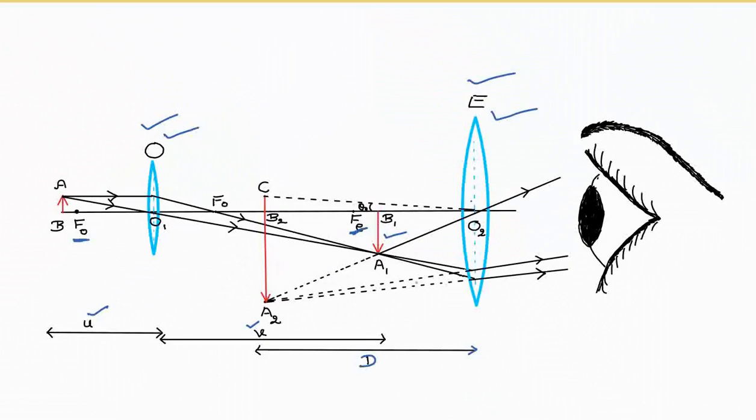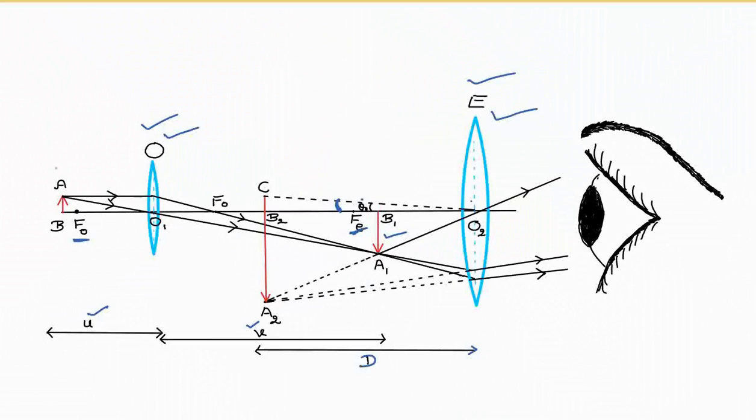Then this B2O2 is the least distance of distinct vision where the final image is formed. Here this angle theta O is the angle made by the object at the eye when the object is placed at the least distance of distinct vision.